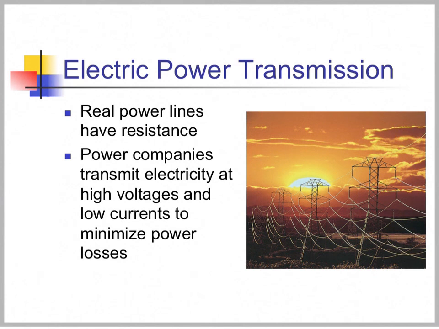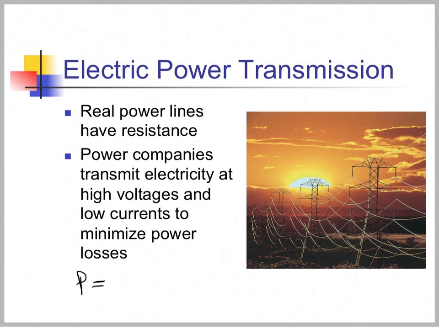Now, real power lines have resistance, and so these high voltage power lines have a resistance associated with them, and it takes energy and it takes money then to move power across those lines.